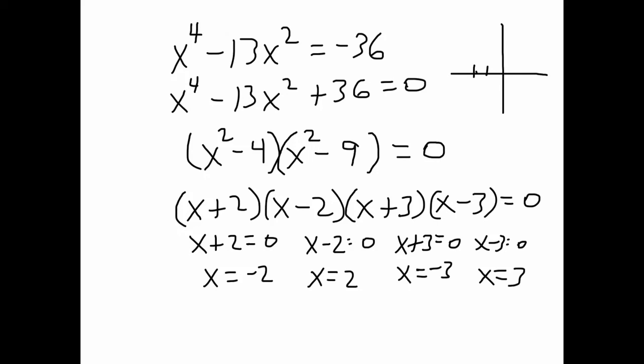So at negative 2, and at negative 3, we have zeros. And at positive 2 and positive 3, we have zeros.